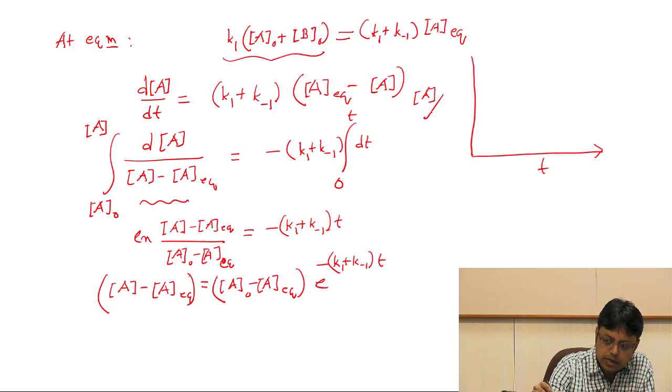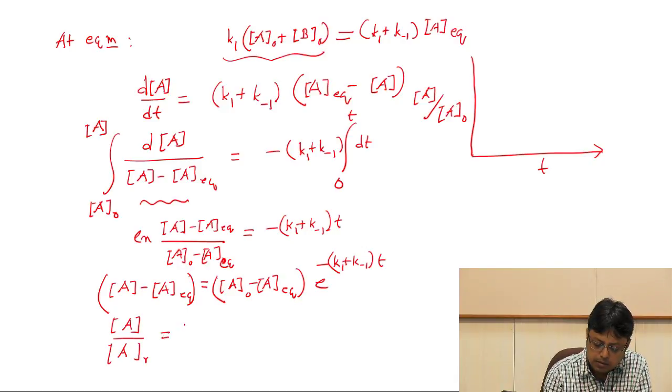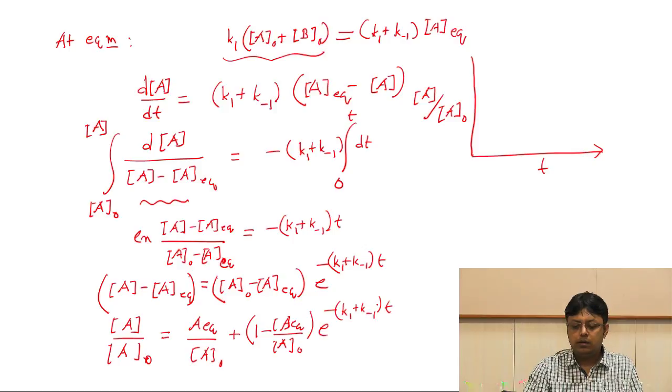If I just divide both sides by A0, we'll have A by A0 will be nothing but A equilibrium by A0 plus 1 minus A equilibrium by A0 into e to the power minus K1 plus K minus 1 into T. Something like that we can easily figure out.